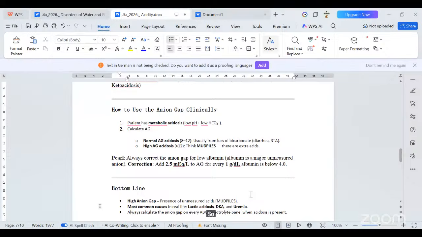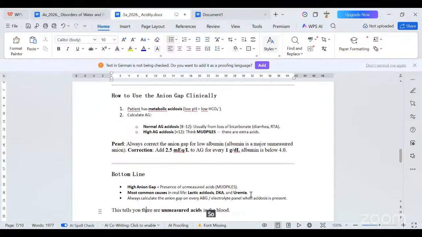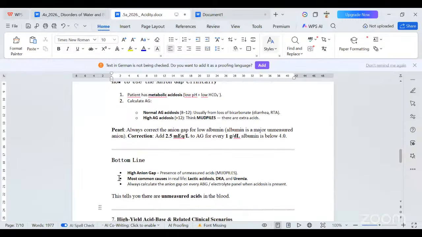So what I would like us to take from here is that a high anion gap signifies the presence of unmeasured acids. And the most common causes in real life are lactic acidosis, DKA, and uremia, which we've seen in the table.